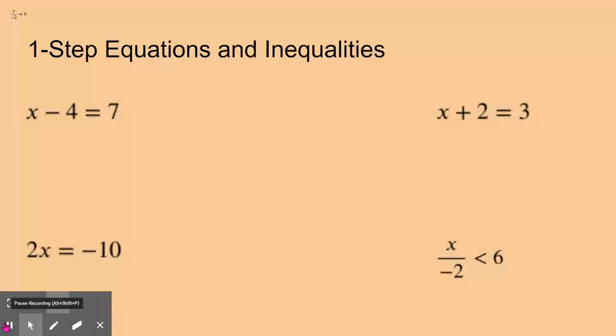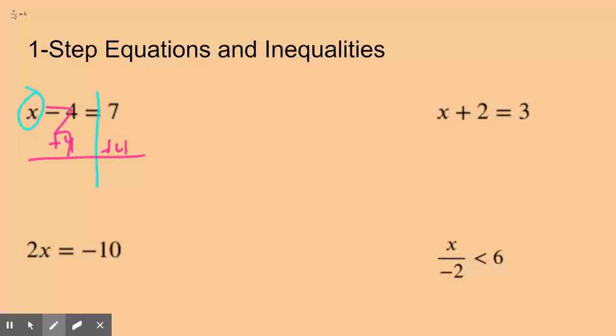For one-step equations, our process was to draw the line and then circle our variable. Look at what's happening. We see a -4, so the opposite is +4. The 4's cancel. I have x left over, and 7 plus 4 gives me 11.